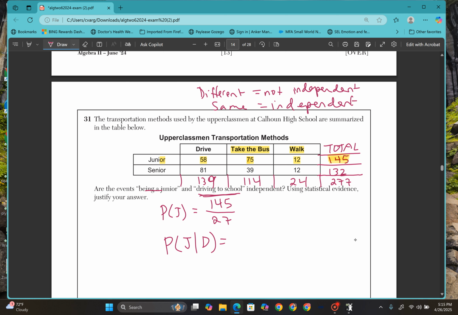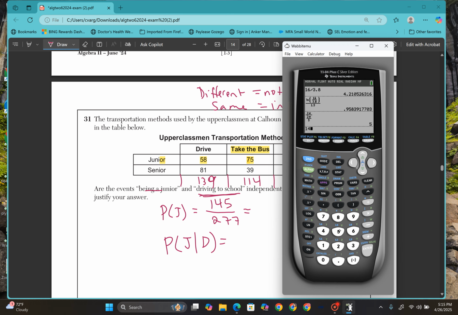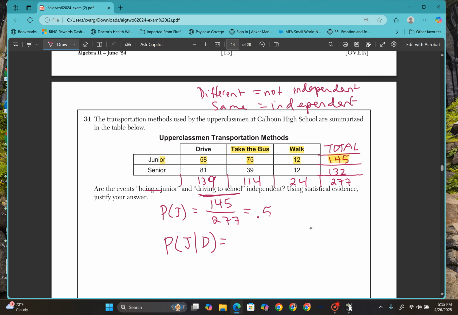So 145 out of 277. If I put that into the calculator, 145 divided by 277, that is equal to about 0.52. So this is 0.52.